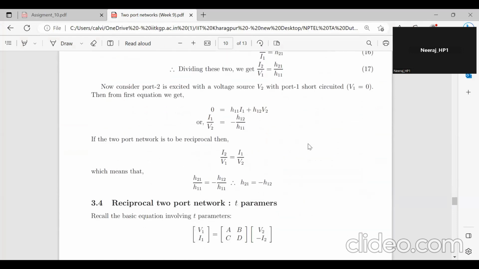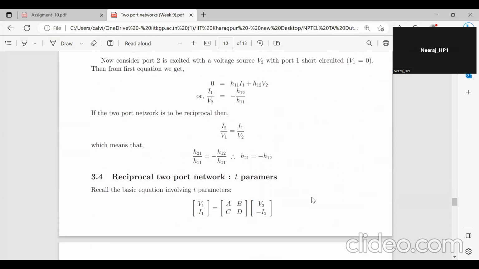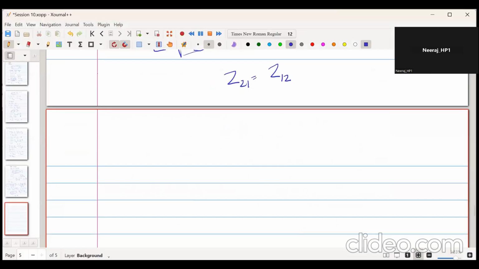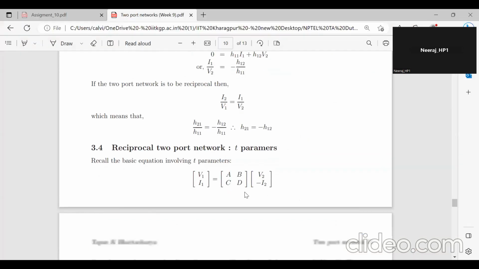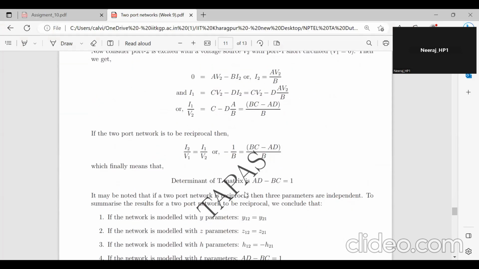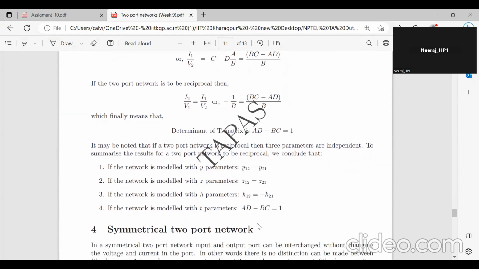And they have found that for H parameters, the relation should be H21 should be equal to minus H12. This should be the relation for H parameters. Similarly, for the ABCD parameters, they have found that for it to be reciprocal, AD minus BC should be equal to 1.